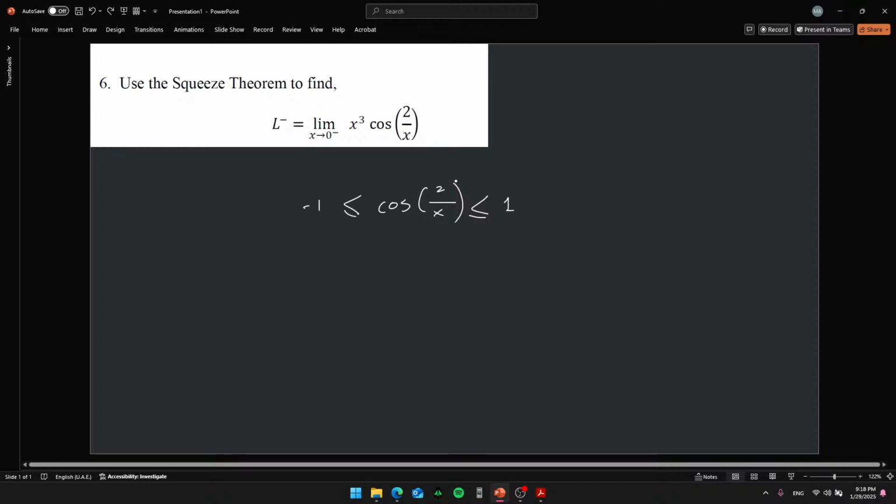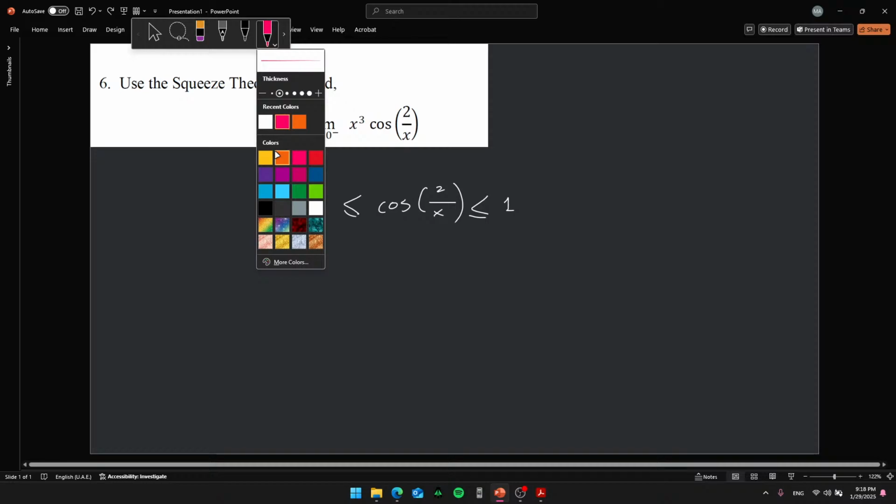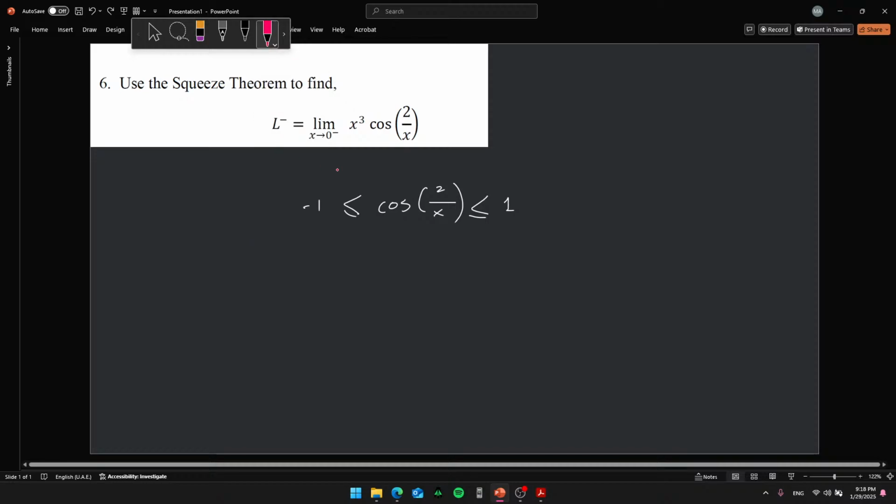Okay. Now I have to make the function in the middle look similar to the limit question, or limit problem.